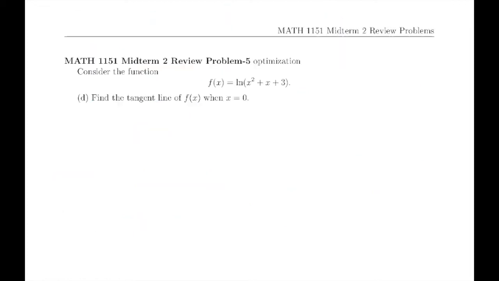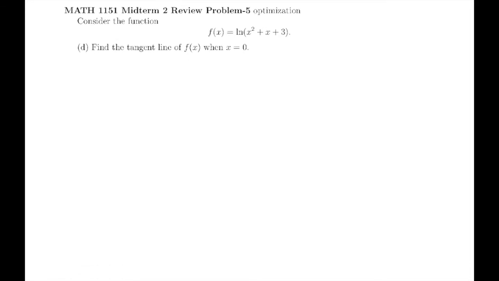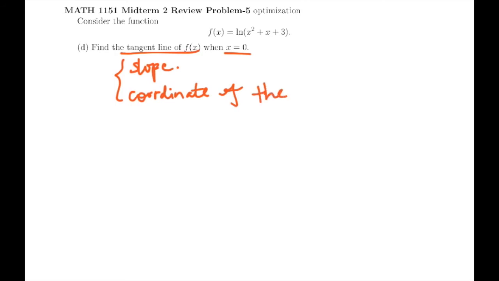Alright, now let's go to the very last part of this problem. We want to find the tangent line of this function f when x is equal to 0. If we want to find the tangent line, we need two things. The first one is the slope, and the second one is the coordinate of the point.